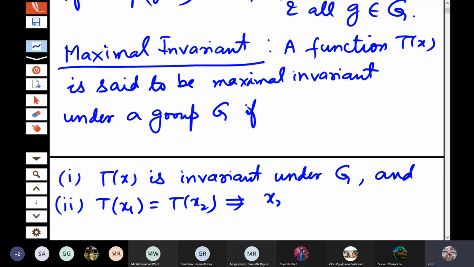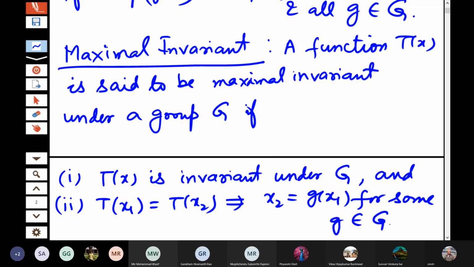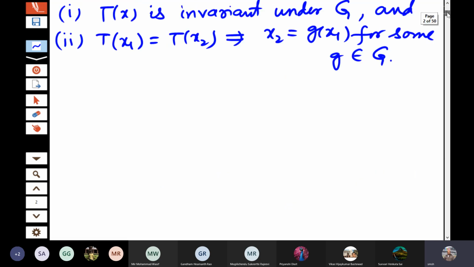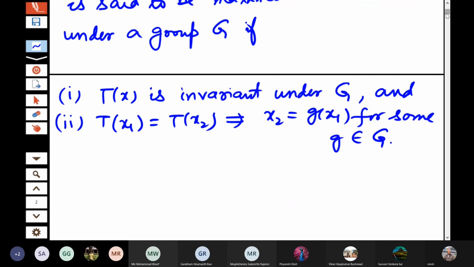This means x2 is a transformation of x1. Of course, it also means that x1 is a transformation of x2, because you can take g inverse here. So it means that a maximal invariant is actually constant on the orbits.